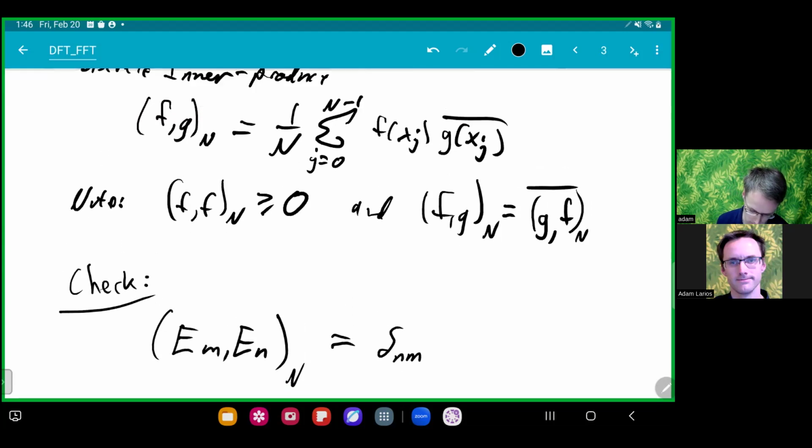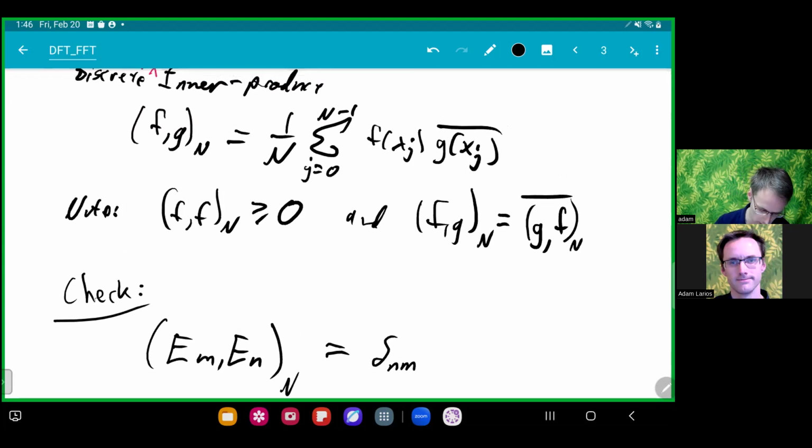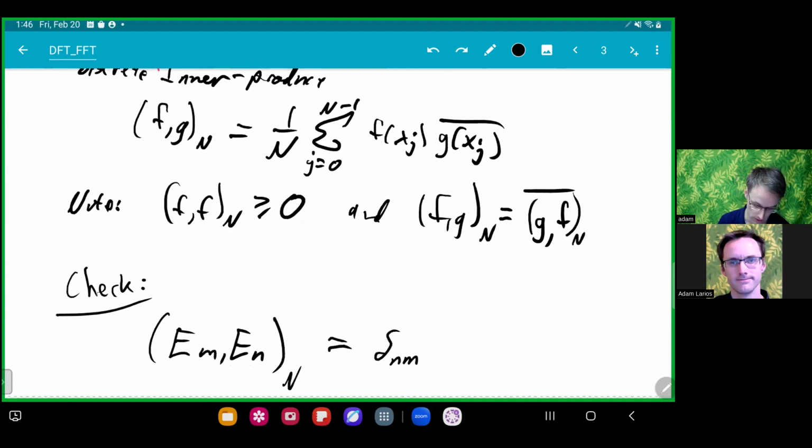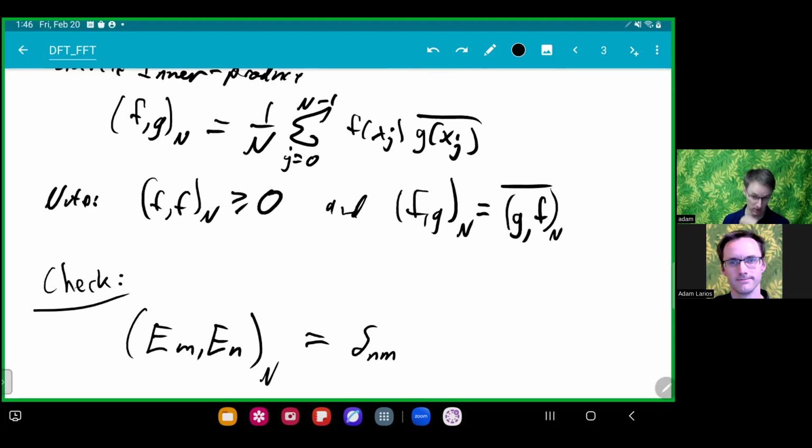Just to see quickly why the n arises, imagine plugging those complex exponentials in here. You'll get these two multiplied together and then summed. You're summing over points on the unit circle, and if m and n are not equal, you'll get cancellation all the way around the unit circle.